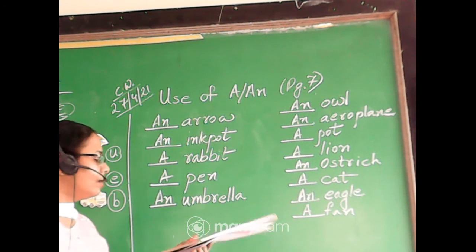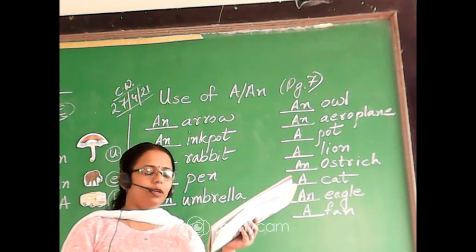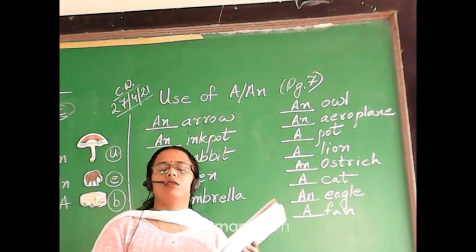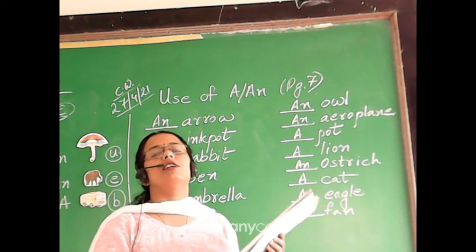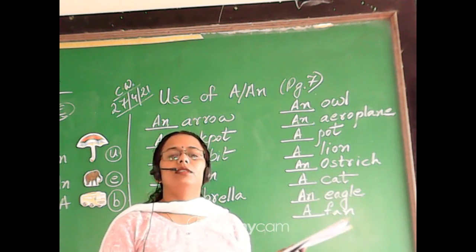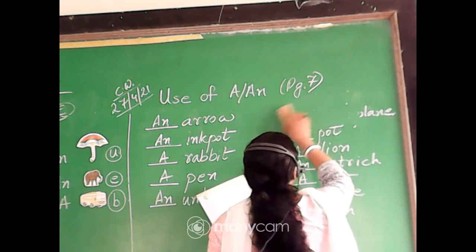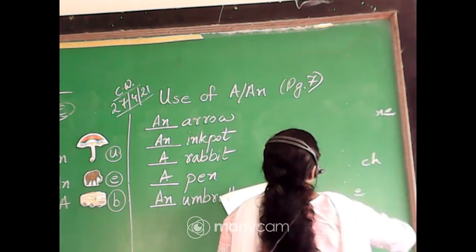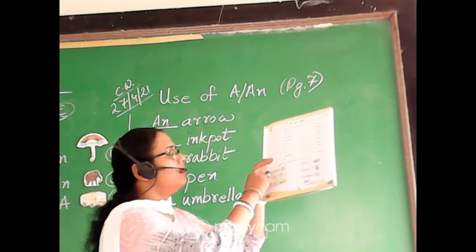Now put a cross against the ones that are wrong, and put a tick against the words which are correct. Okay, let us do it. This is the lower portion.